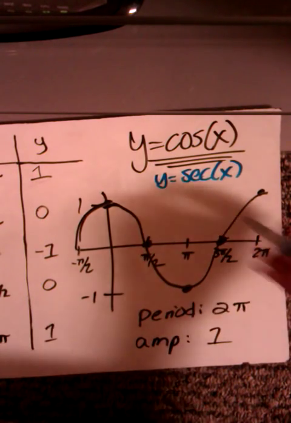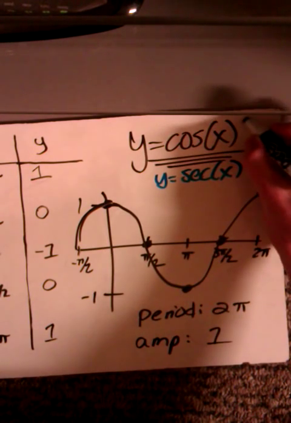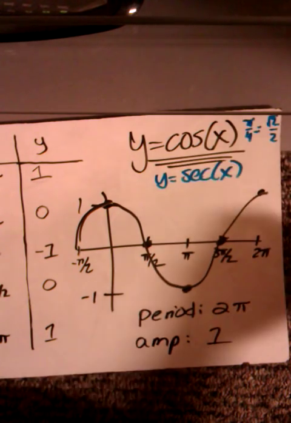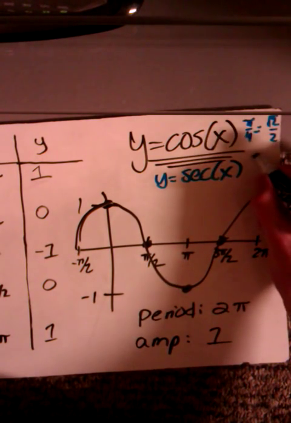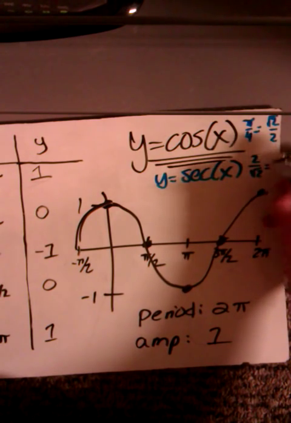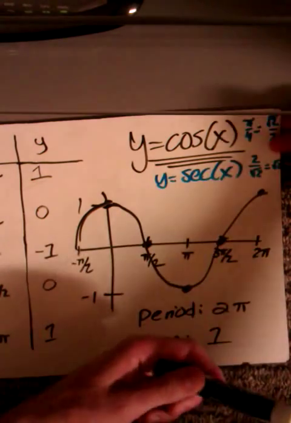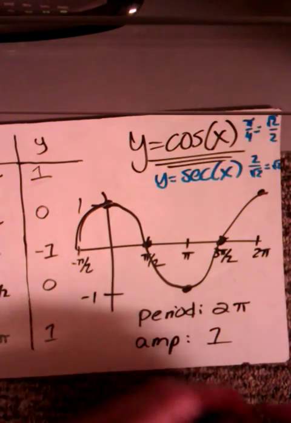We know that at pi over 4, cosine would be the square root of 2 over 2. So secant would be 2 over the square root of 2, which would reduce down to just the square root of 2. So we just flip those numbers upside down to get the reciprocal.